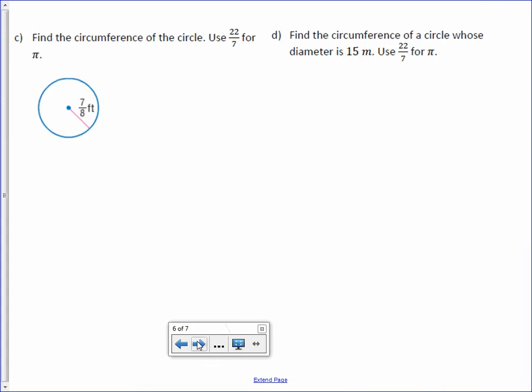Letter C. Find the circumference of the circle. Use 22/7 for pi. What are we given this time, the radius or the diameter? Good, we're given the radius. So we are going to use circumference equals 2 pi r. Circumference equals, bring down the 2.